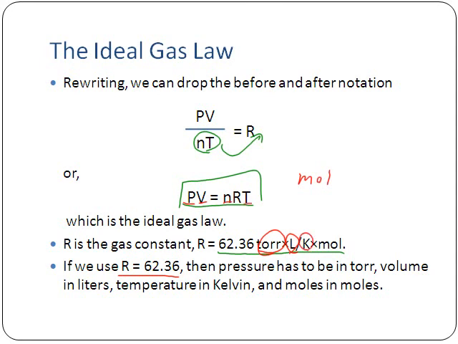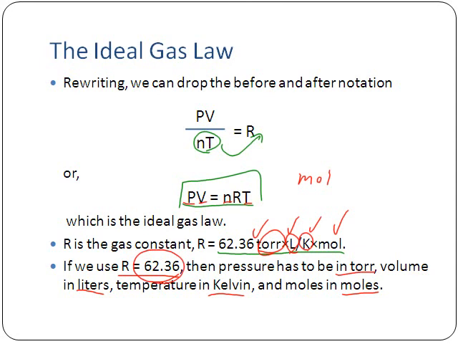Unlike the combined gas law, where you can use any unit of volume or pressure you want as long as it's the same on both sides, the ideal gas law requires that you use a certain set of units. In this case, the set is torr, liters, Kelvin, and moles. So pressure has to be in torr, volume in liters, temperature in Kelvin, and moles in moles, if you're going to use 62.36, which we will for this class.